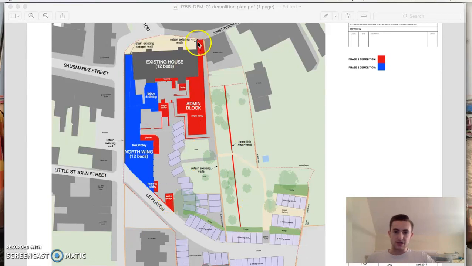So I would suggest that the contractor provides boundary fencing, boundary security, so that no one can get into the site, to prevent the legal implications of the occupier's liability if someone was to get hurt on the site.